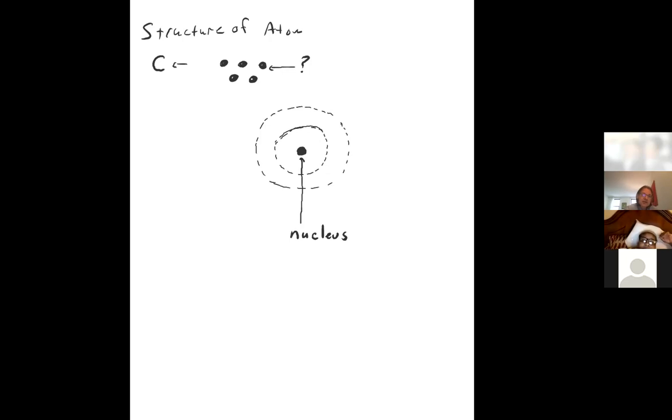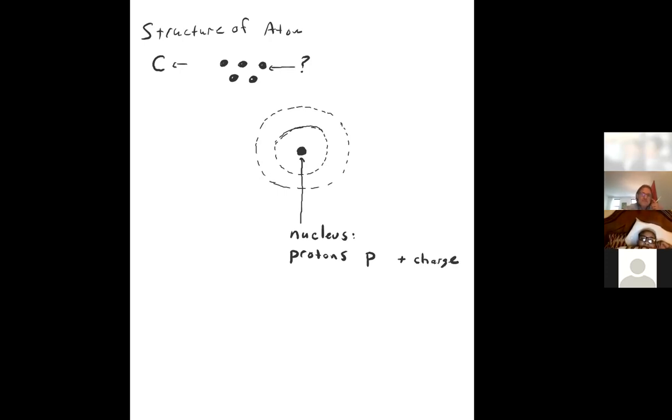And that nucleus has two different types of particles. It has protons. So this is inside the nucleus. The symbol for a proton is a P, and it has a positive charge.